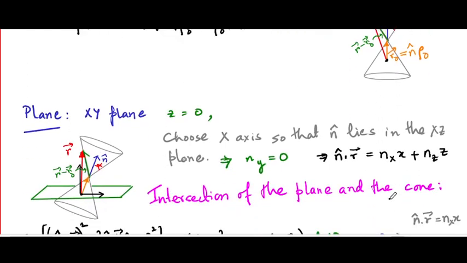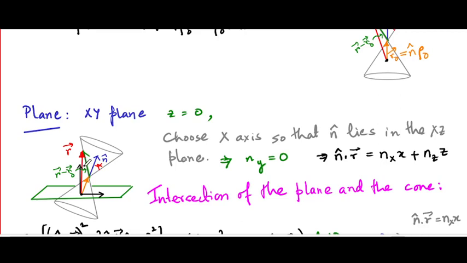Now I have drawn the plane as a horizontal plane, simply because we are used to thinking of the xy plane, when we think of a three-dimensional figure, as a horizontal plane. Although that's just prejudice, it doesn't have to be. Once you draw it like this, of course, the cone itself gets tilted, and the direction in which the cone gets tilted is simply given by n vector in terms of our x and y coordinates, along with the z coordinate, which is fixed, of course, as normal to the plane which is slicing the thing.